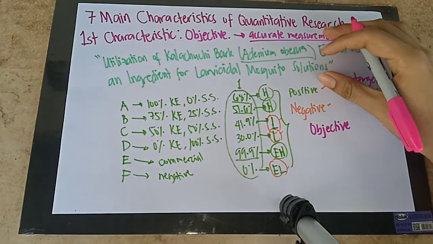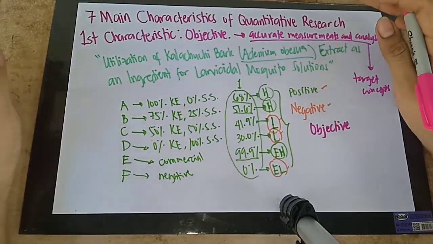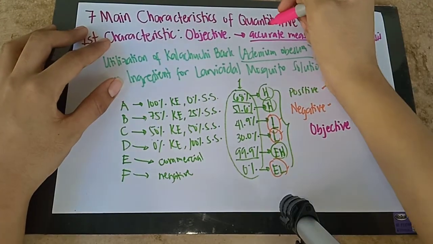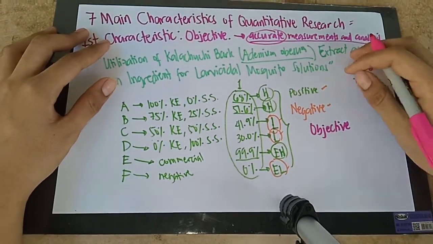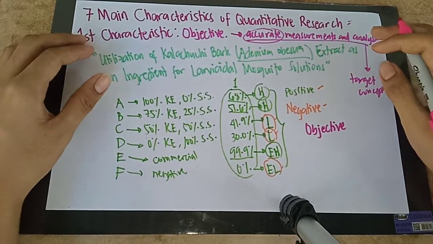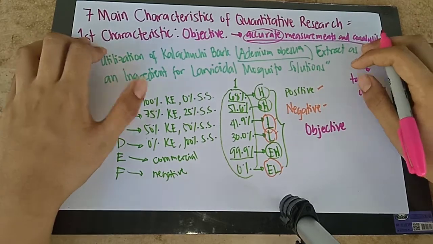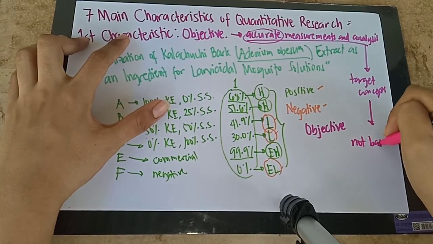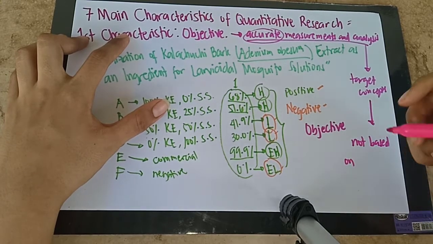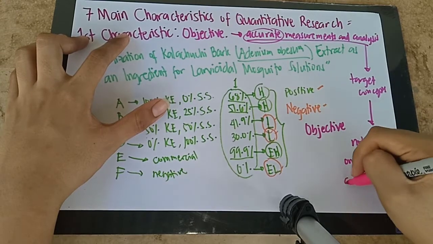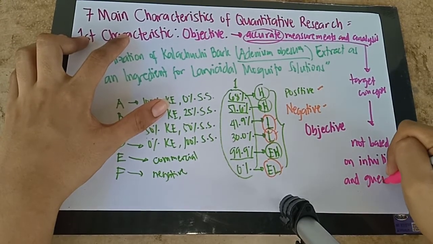Meaning to say, in quantitative research, it tests the level of correctness and the level of validity. That is why it is objective in nature, and it is not based on intuitions and guesses. That is what we mean by objective.